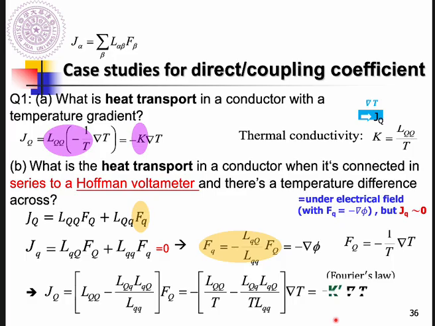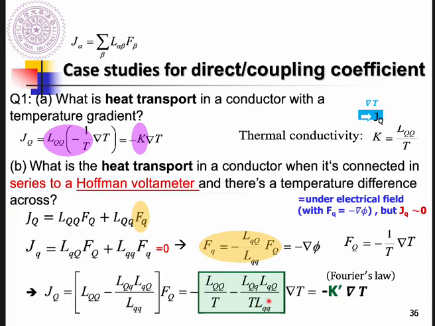But furthermore, if you think deeper, heat flux always obeys Fourier's law, so you write down negative thermal conductivity times temperature gradient. But comparing here, I find that the thermal conductivity equals kappa minus the extra term.